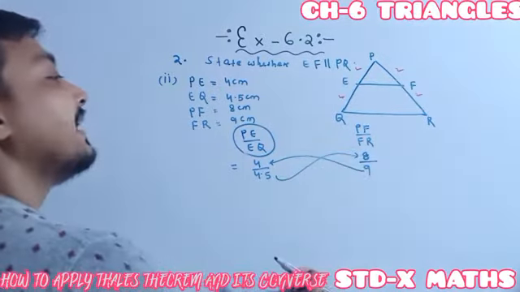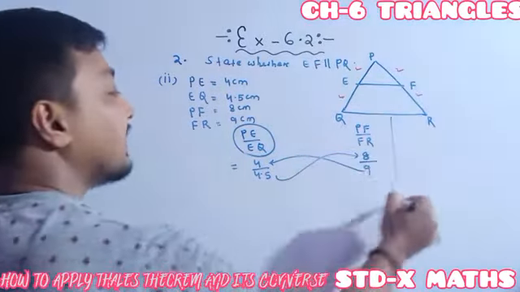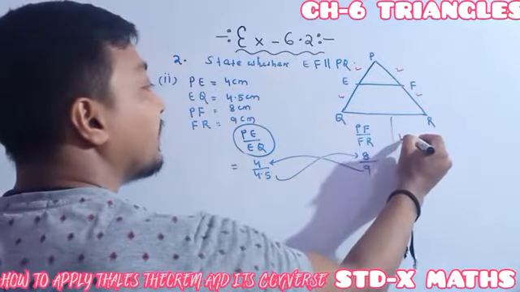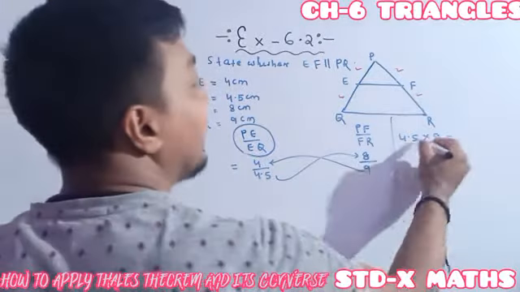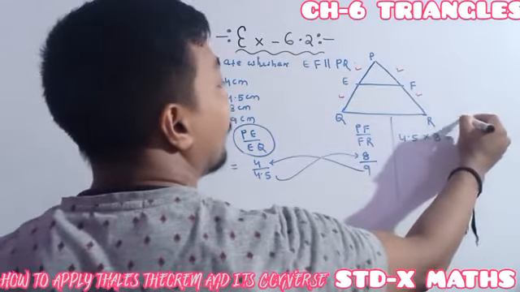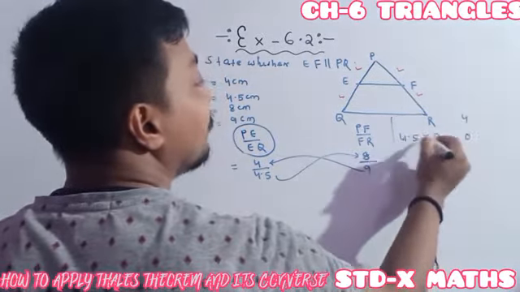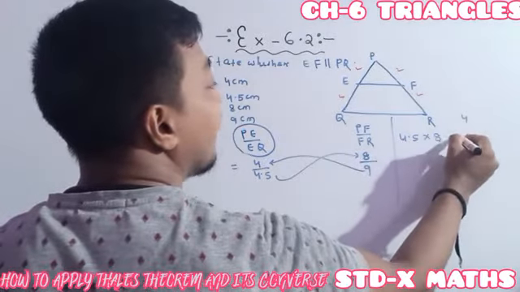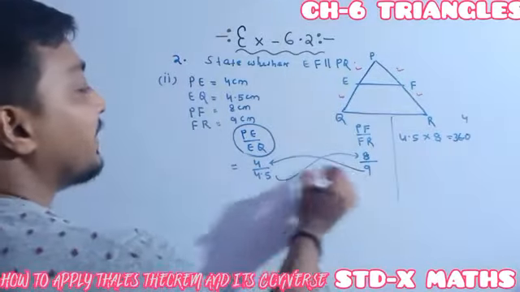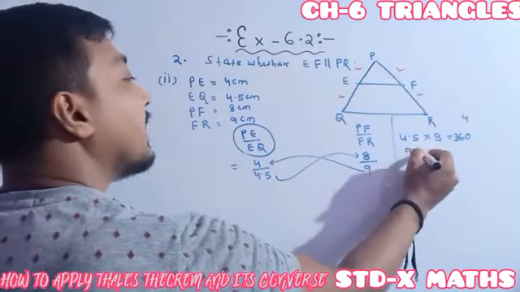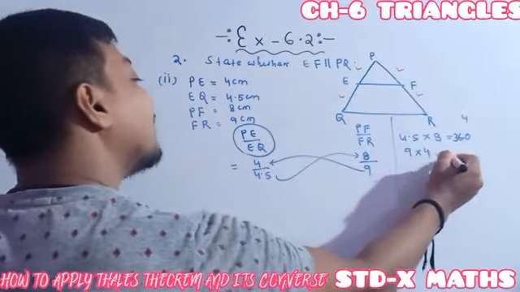Here 4.5 into 8 is 36.0. In the same way, 9 into 4 is 36.